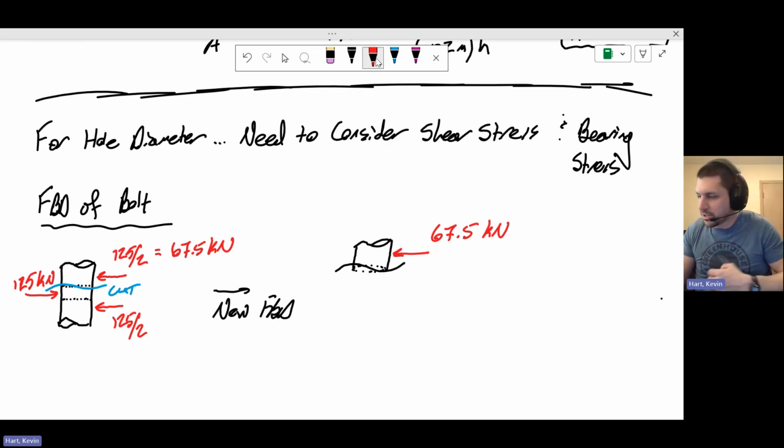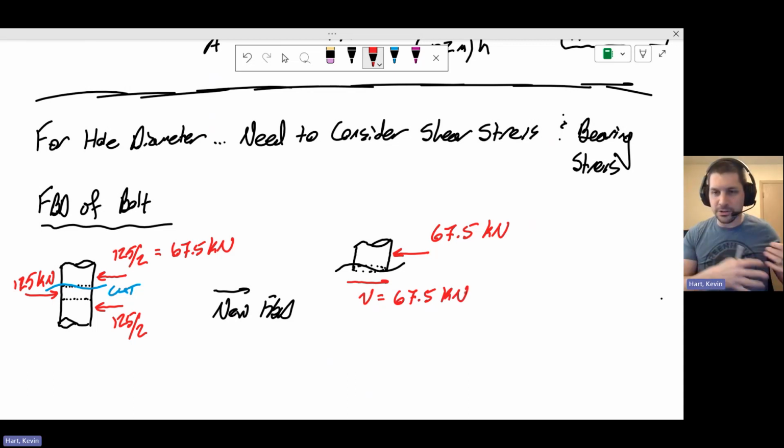It has this internal shear force, which I'll label as capital V, that must balance this out and be equal to 67.5 kilonewtons. This is the internal shear force inside of the structure that must exist to balance out that 67.5 that the two flanges are applying to it.